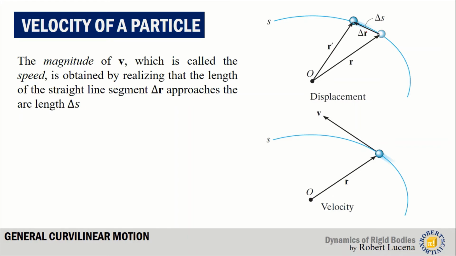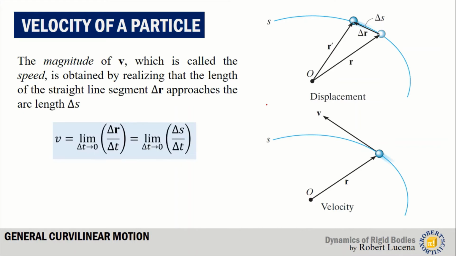But as soon as delta t approaches 0, we can assume that delta r approaches the value of the arc length. If you have a smaller element of analysis here, eventually delta s will be equal to delta r.